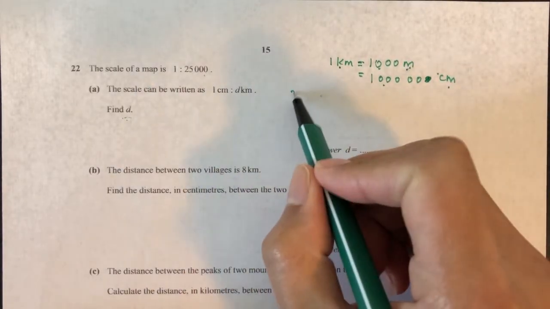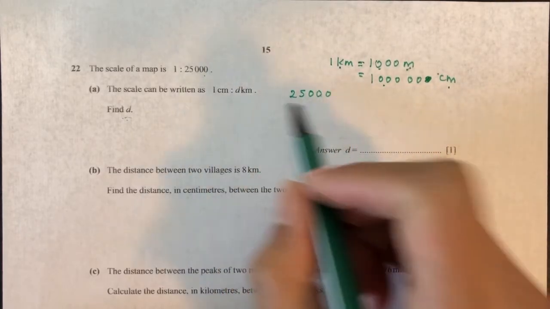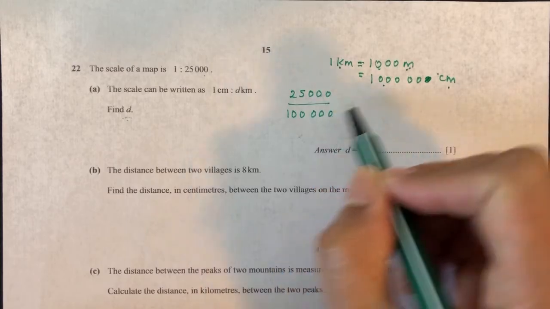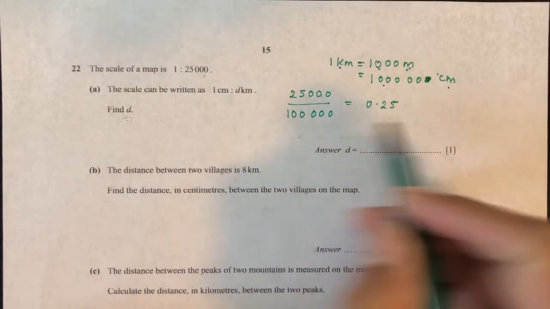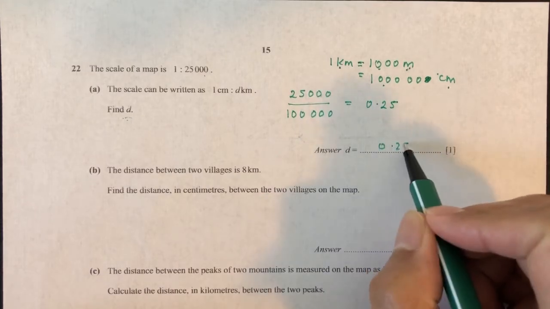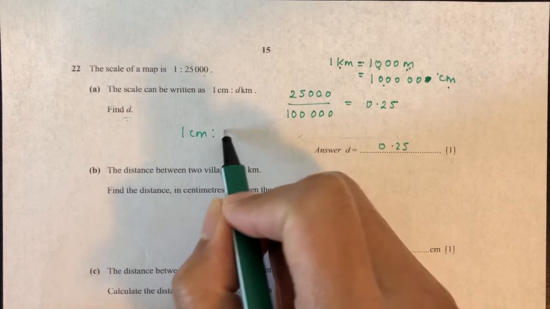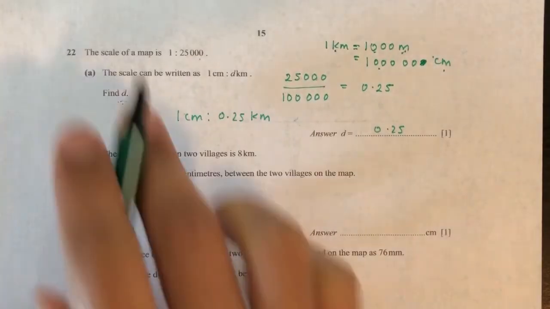So convert 25,000 into kilometers. We have to divide by 100,000, which will be 0.25. So the value of d is 0.25. So our scale is 1 centimeter to 0.25 kilometers. That's the scale for this map.